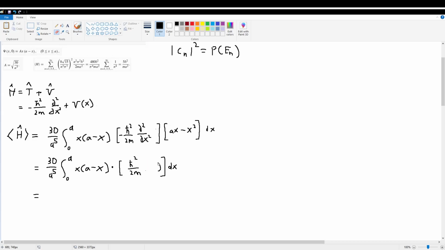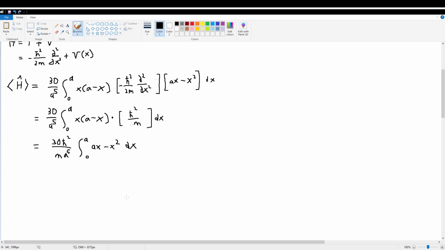The 2 here cancels out with that to bring everything closer. And we have, let's see, 30 h bar squared over m a to the fifth. And we have an integral from 0 to a of ax minus x squared, again, where we're distributing this first term. And this whole thing is multiplied by dx.